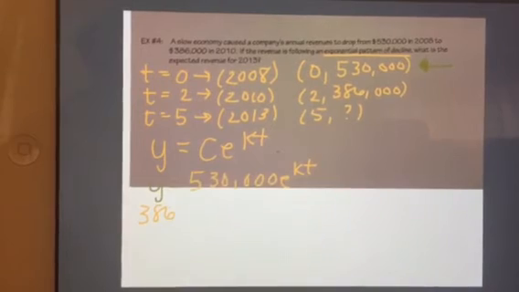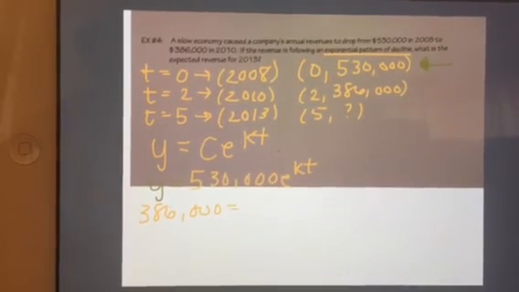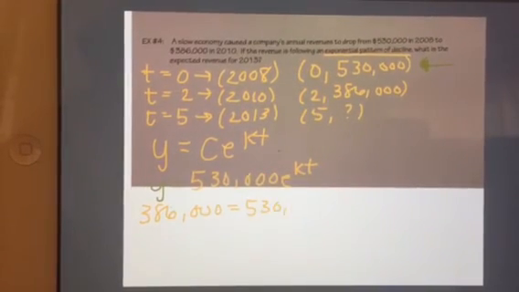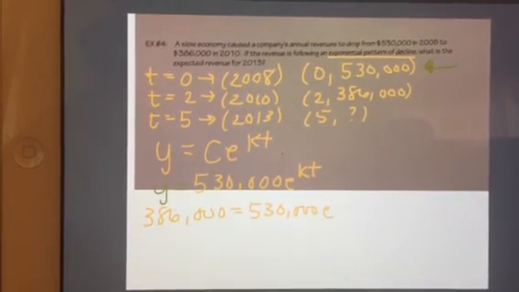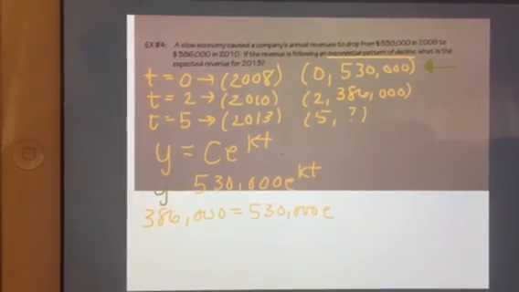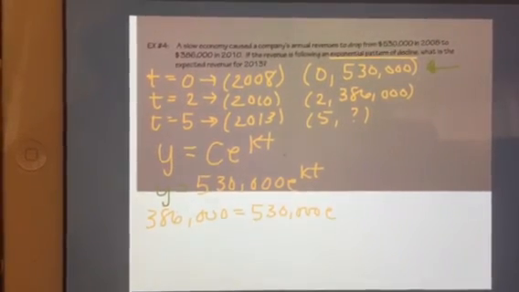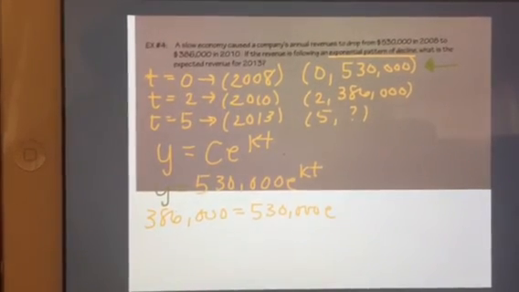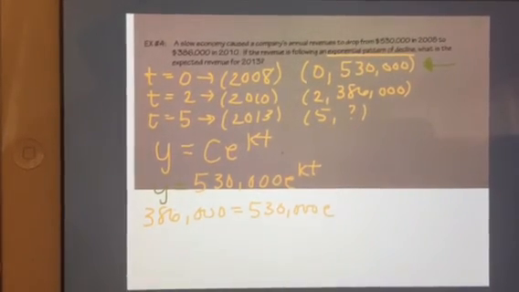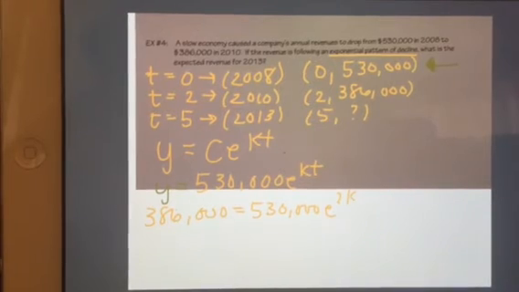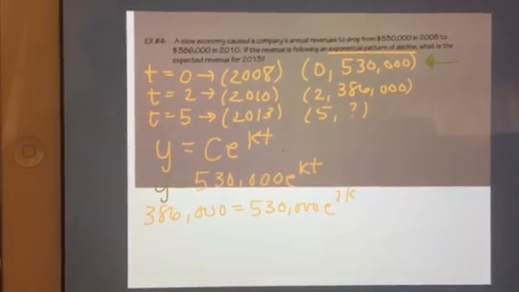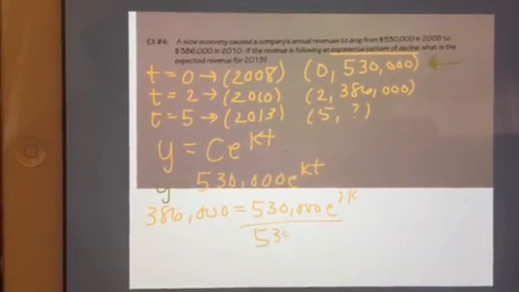So 386,000 equal to 530,000 e to the 2t, or 2k, my bad. And we're solving for k. So divide by 530,000.